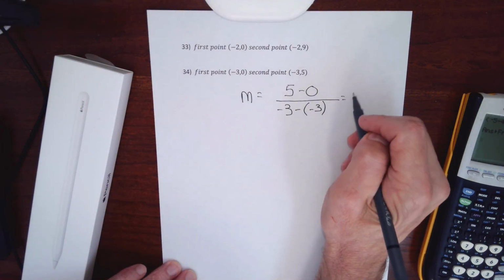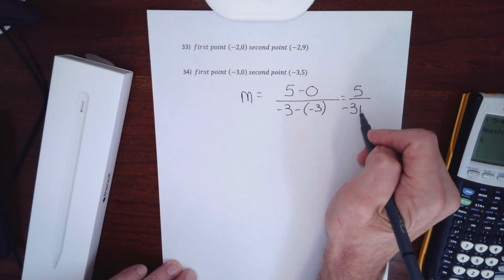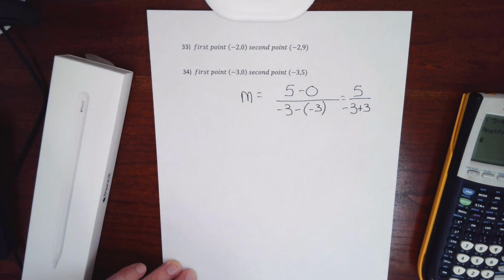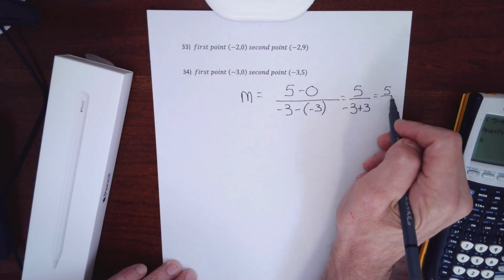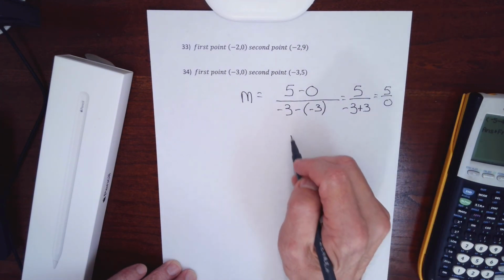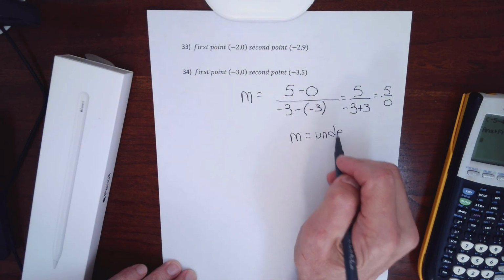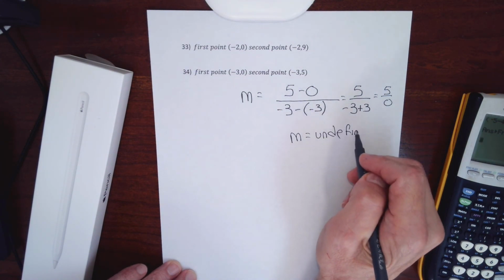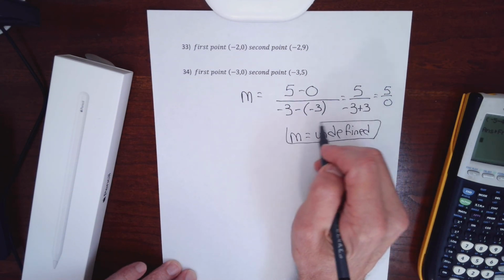In the numerator, 5 minus 0 is 5. In the denominator, the double negative I have written, I can make a positive. Then the numbers in the denominator will simplify to be 0. I get a fraction with a 0 in the denominator. Fractions with 0 in the denominator are undefined. So I'm going to say the slope is undefined.